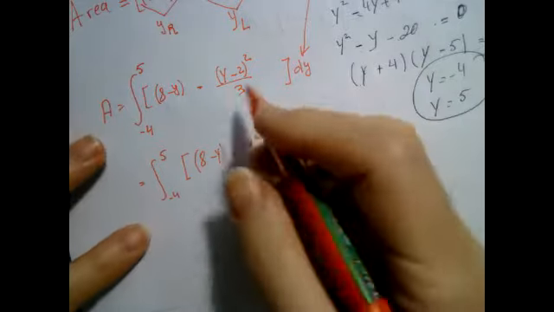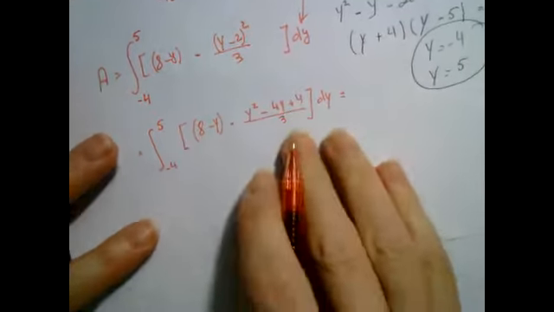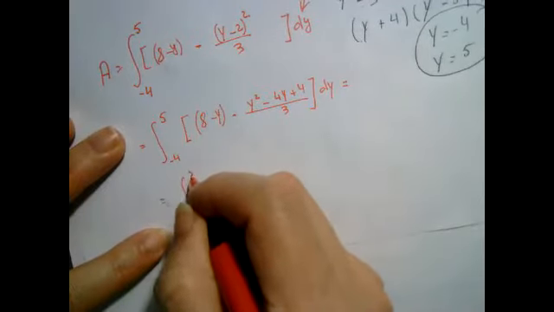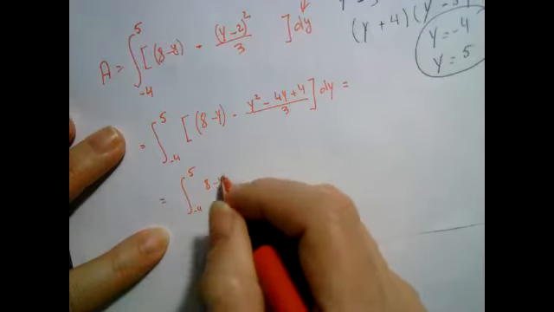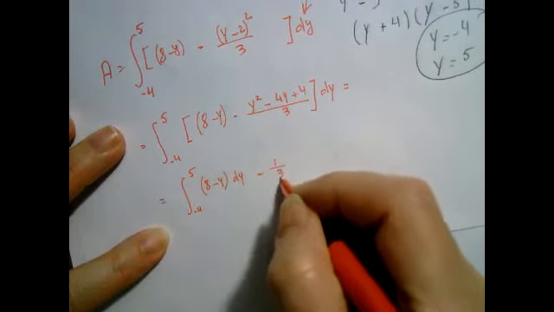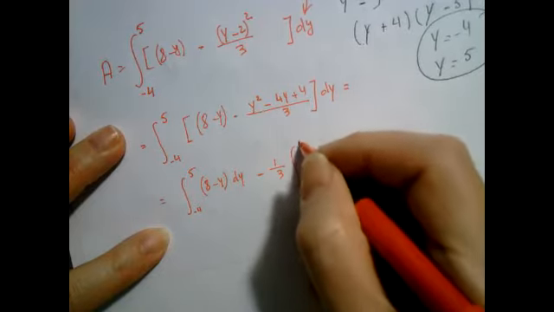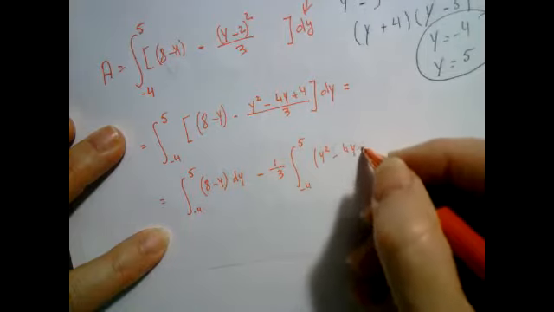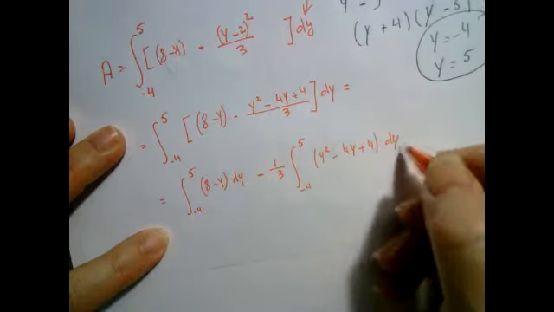I can split it, because if I split it, it will be easier in this problem. Integral of 8 minus y dy minus 1/3 integral from minus 4 to 5 of y squared minus 4y plus 4 dy.